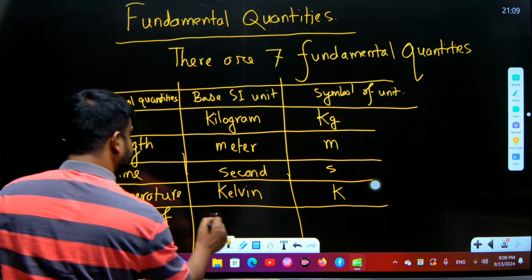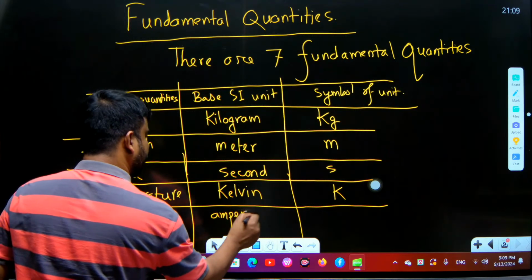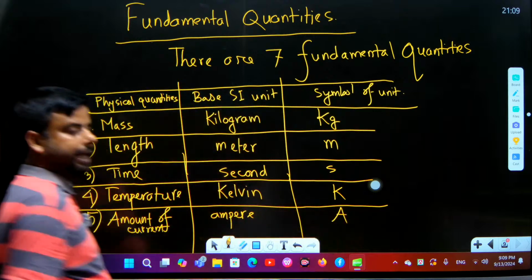The SI unit is ampere, and the short form is capital A.